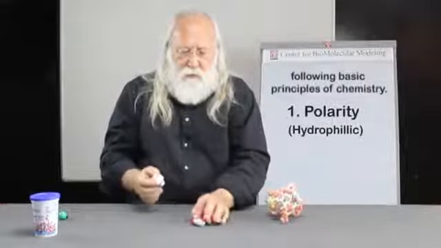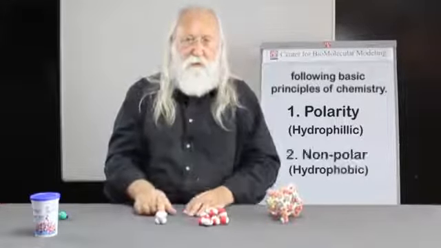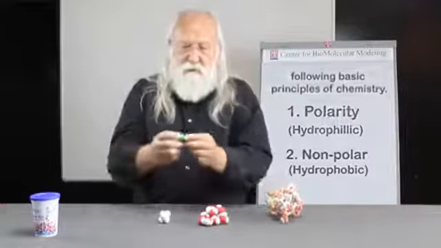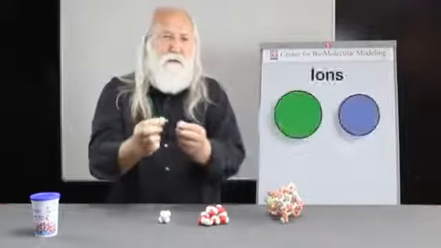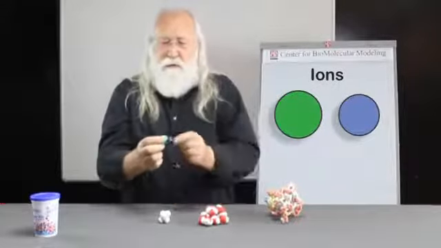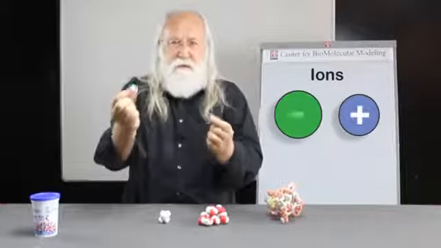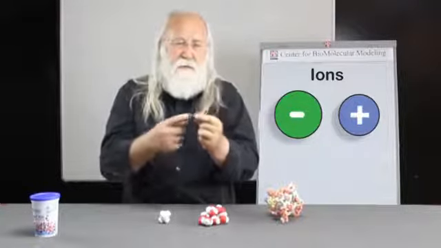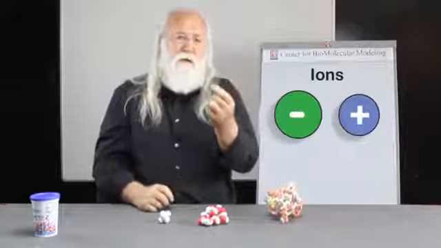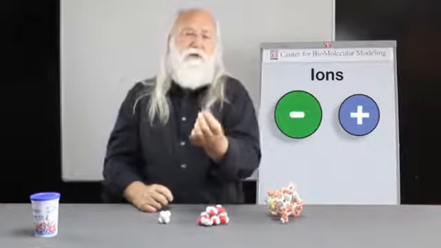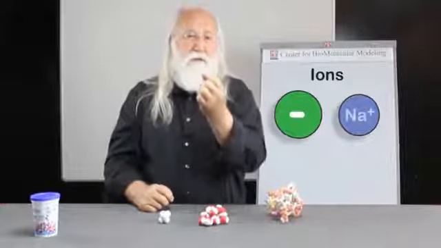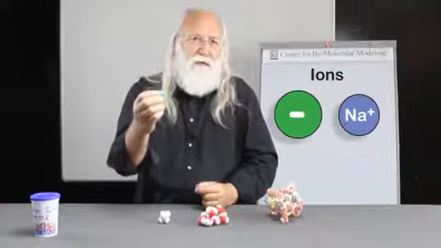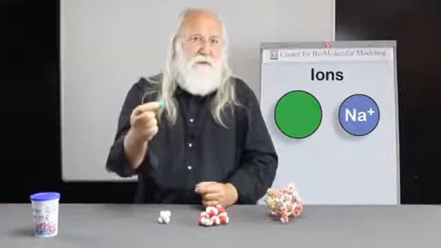Okay, so we have polar water, we have nonpolar or hydrophobic hydrocarbons, and then also in the water cup there are these two ions. Now an ion is a positively charged or negatively charged atom. That is, if you take an atom and you gain or lose one of the electrons, you'll be left with a positively charged sodium ion. If this chlorine gains one more electron than it deserves, it becomes a negatively charged chloride.